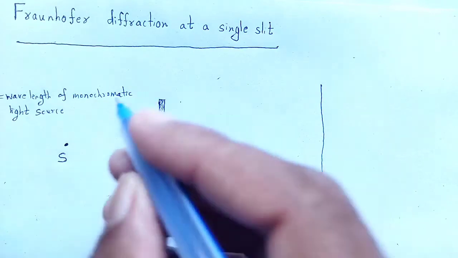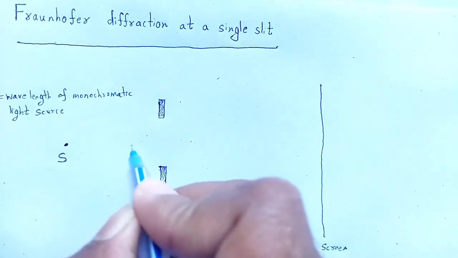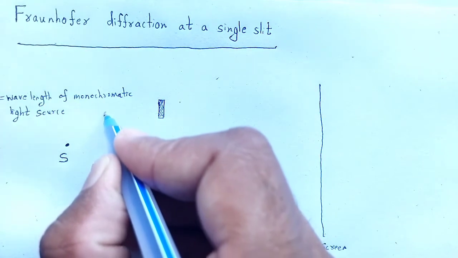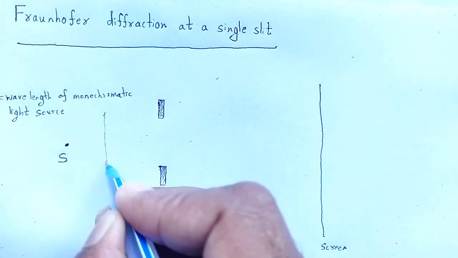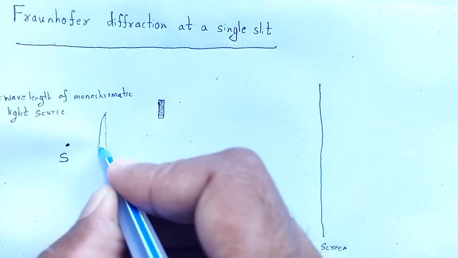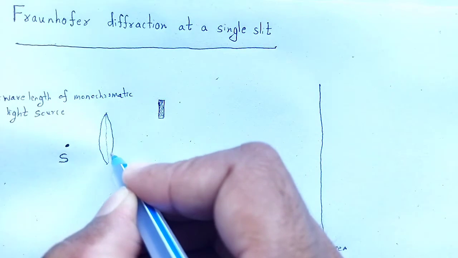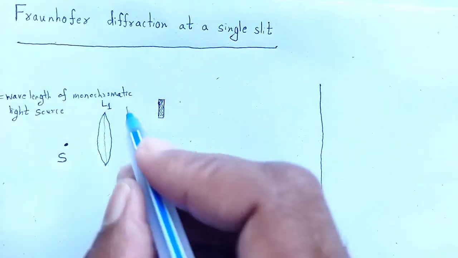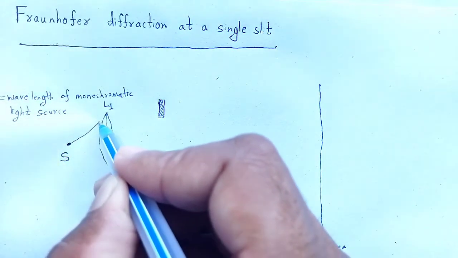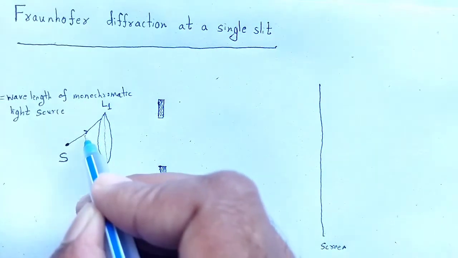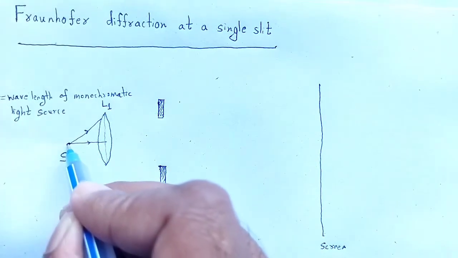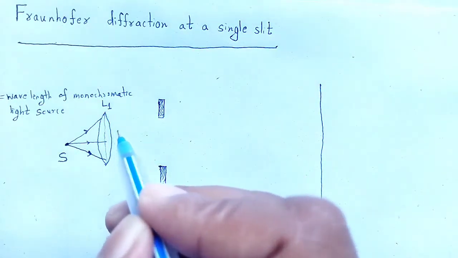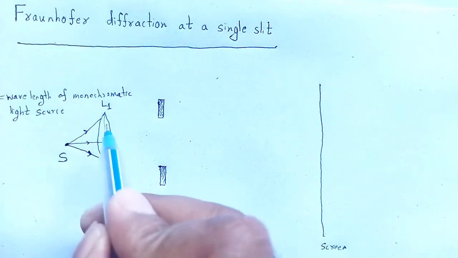Now we use a convex lens L1. The emitted light rays are incident on the convex lens L1.